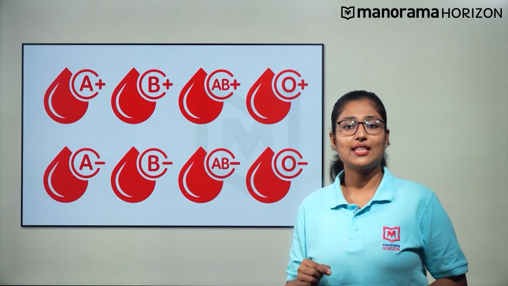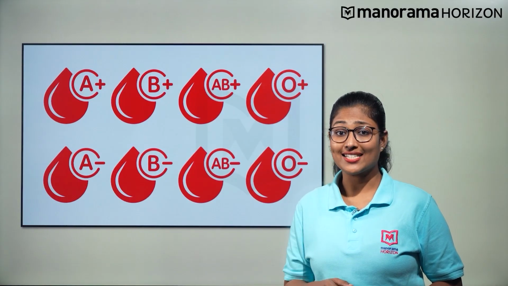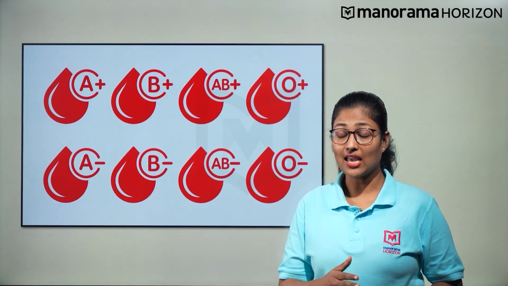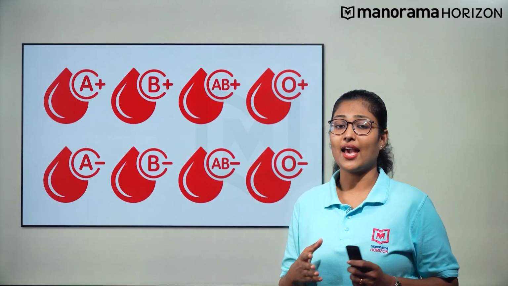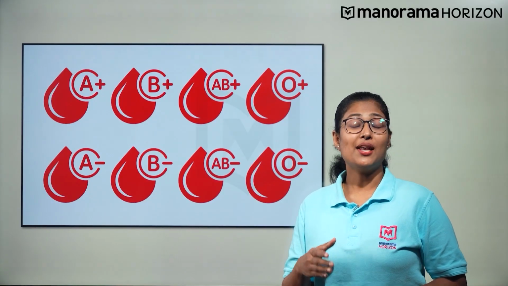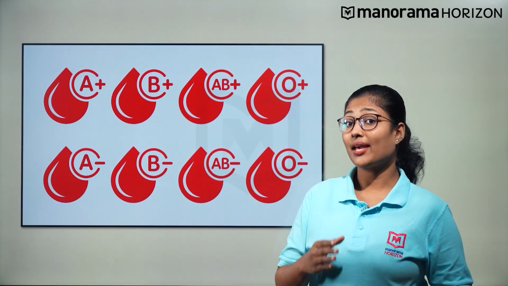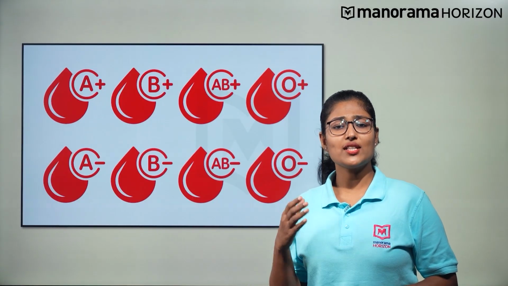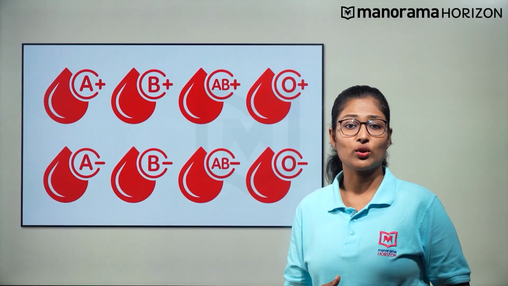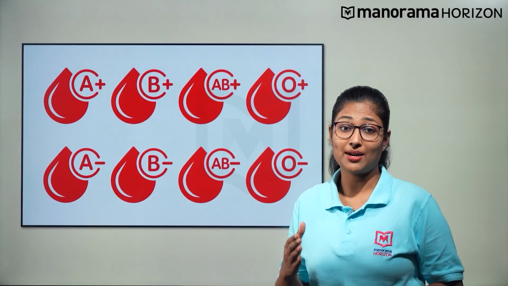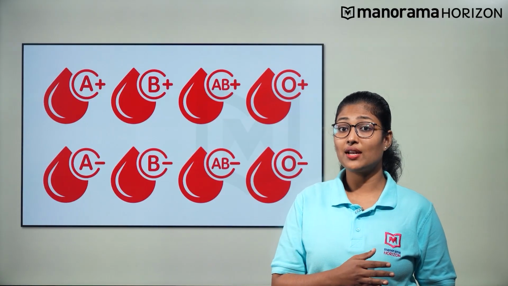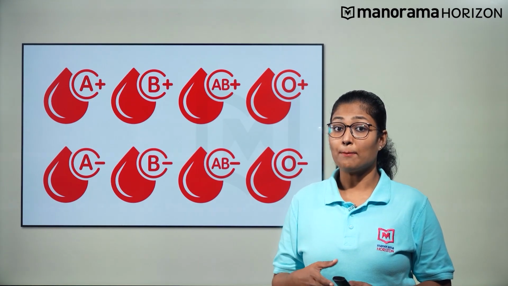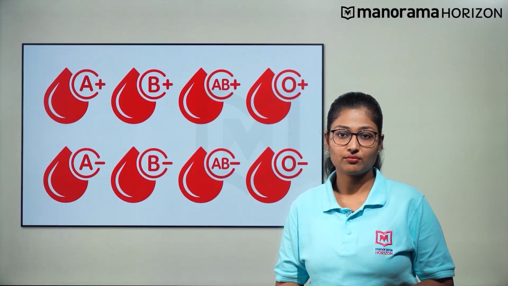We can infer the distribution of antigens and antibodies in the 4 groups of blood, that is A, B, AB and O. Blood transfusion can create major issues if not properly monitored. To avoid serious problems with blood clotting or the destruction of red blood cells, the donor's blood must be carefully compared with the recipient's blood before the transfusion.